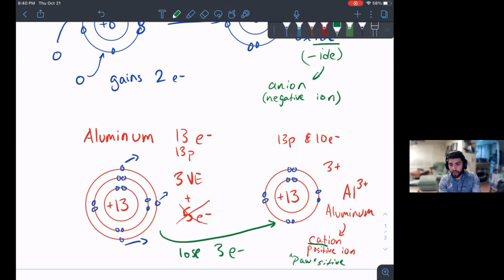But if you remember that cations are positive, then you will remember that anions are the other one. So if positive's taken, anions have to be negative, just process of elimination.